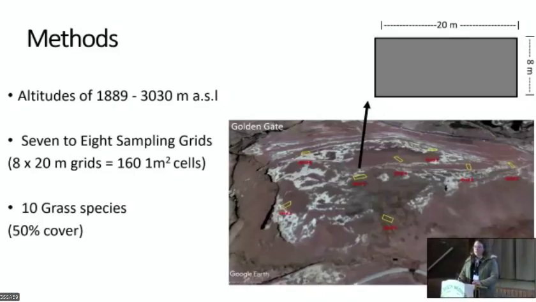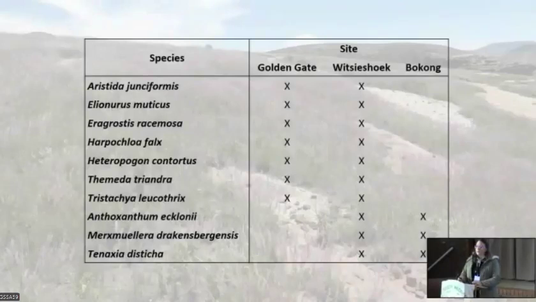So for our sampling design, we used a standard grid-based approach where we had an 8 by 20 meter grid subdivided into 160 contiguous 1 square meter cells. At Golden Gate, we sampled 8 survey grids, but at Witsieshoek and Bokong, we surveyed 7 grids at each site. In each grid cell, we identified the grass species and recorded their cover.